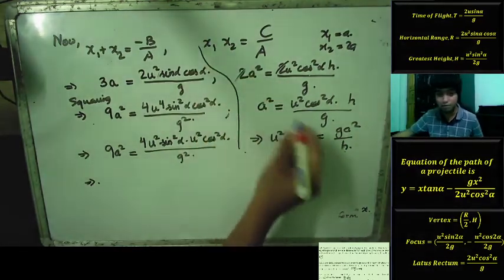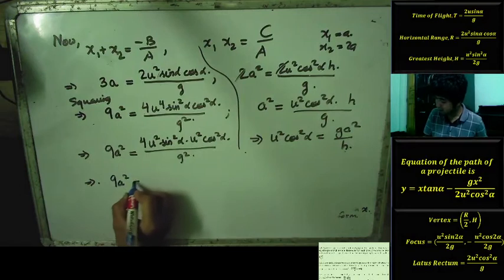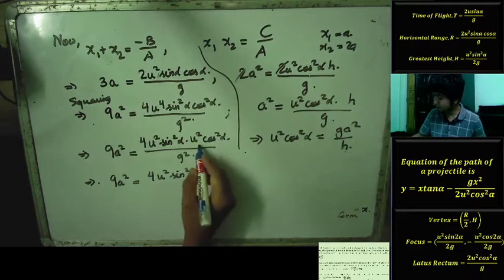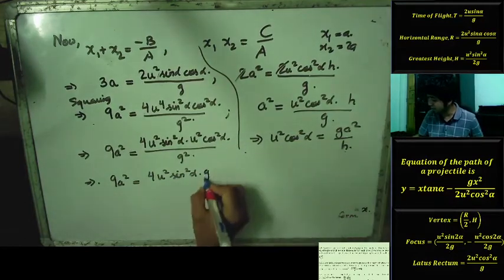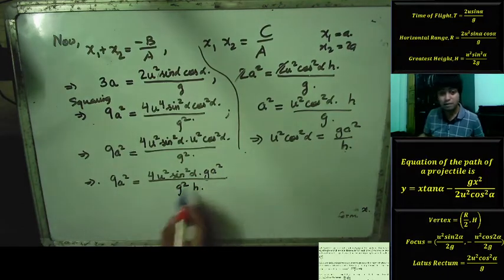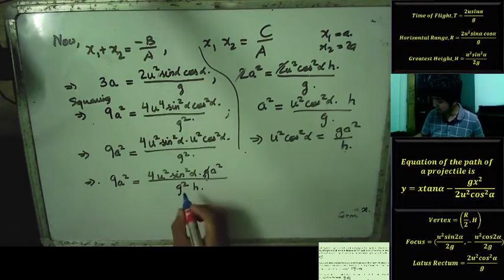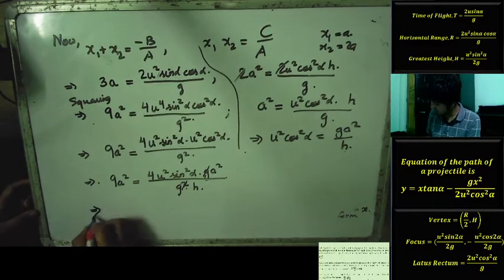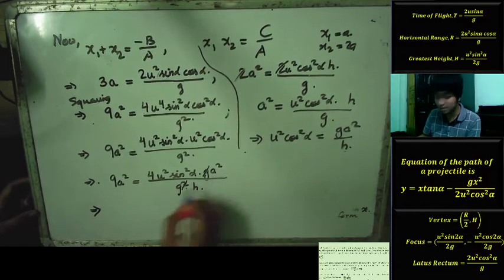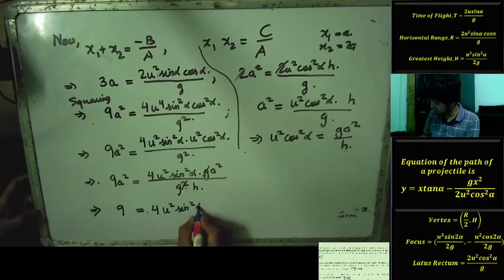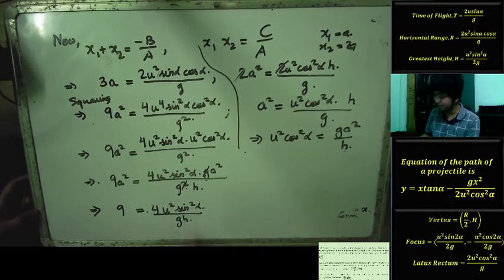Calculating this separately: 4 u squared sin squared alpha times u squared cos squared alpha gives g a squared upon h. So g and g squared will get cancelled, and a squared and a squared will also get cancelled. So 9 equals 4 u squared sin squared alpha upon g h.